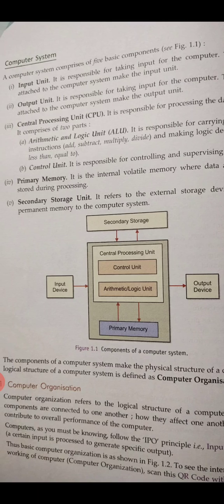Now you can see in the figure how the computer architecture, or you can say system, works. You can see secondary memories, and inside the CPU there are two components, then primary memory, then from here input is given through the input device, then after all the processing, output comes.